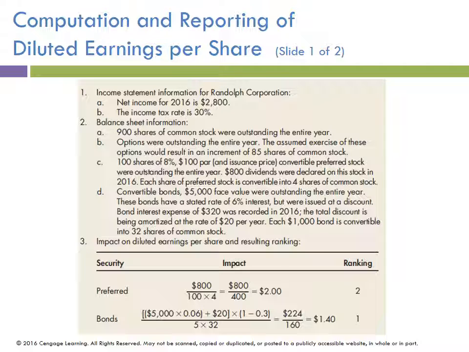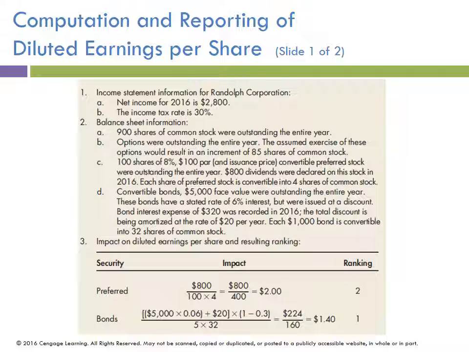If they had converted those bonds as of the beginning of the year, the company would have never had that $320 of interest expense. So what is its impact on our diluted earnings per share? The numerator would have been net of tax $224 higher. 320 times 70%.